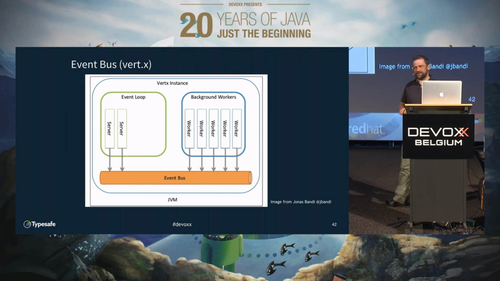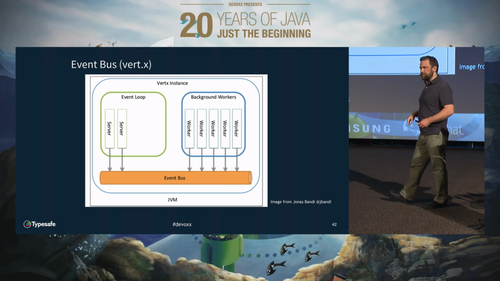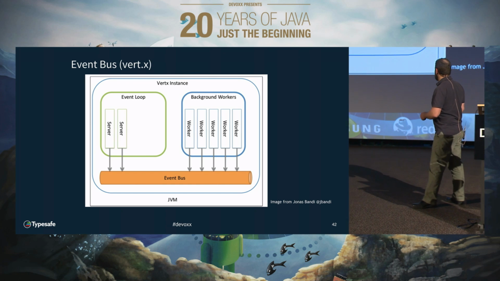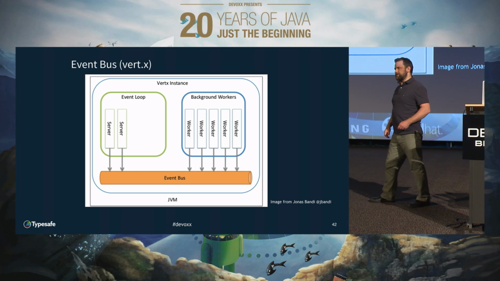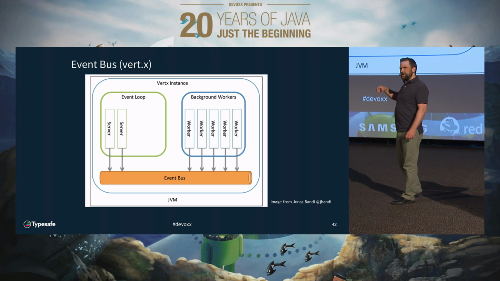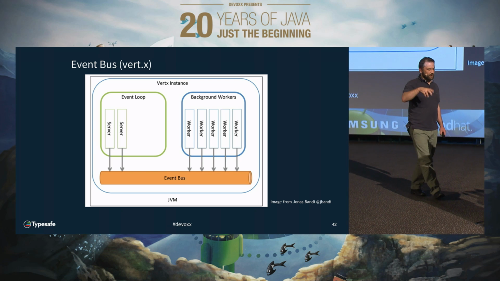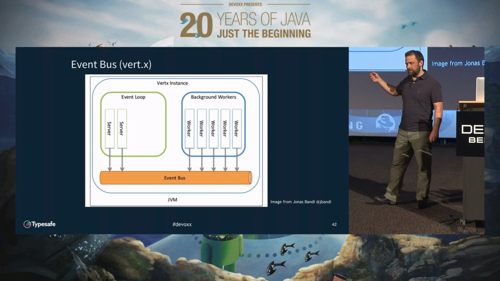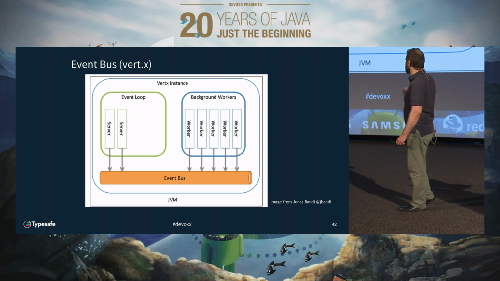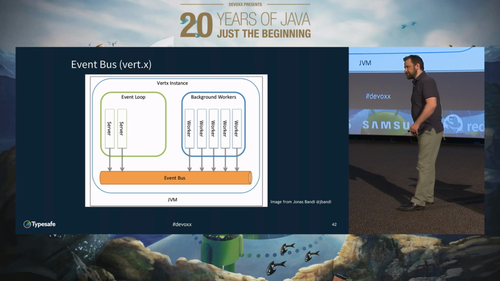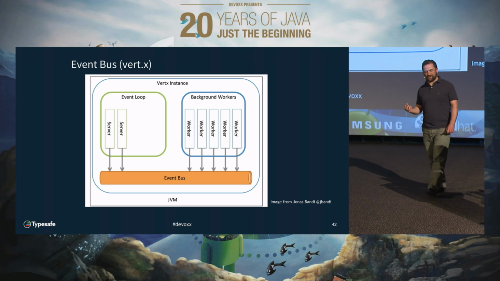Another nice thing about Vertex is what they call the hybrid thread model. So it actually gives you a concept of background workers. I said in Clojure we have the threads and the Go blocks. So you want to offload synchronous work or CPU-bound work to another thread pool. In Vertex, they've actually implemented this through types.